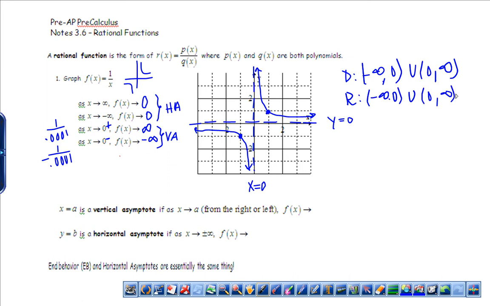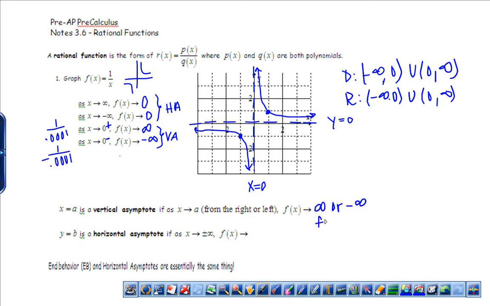So, all right, x equals a is a vertical asymptote if as x approaches a from the right or the left, your function is going to approach infinity, or it could approach negative infinity.